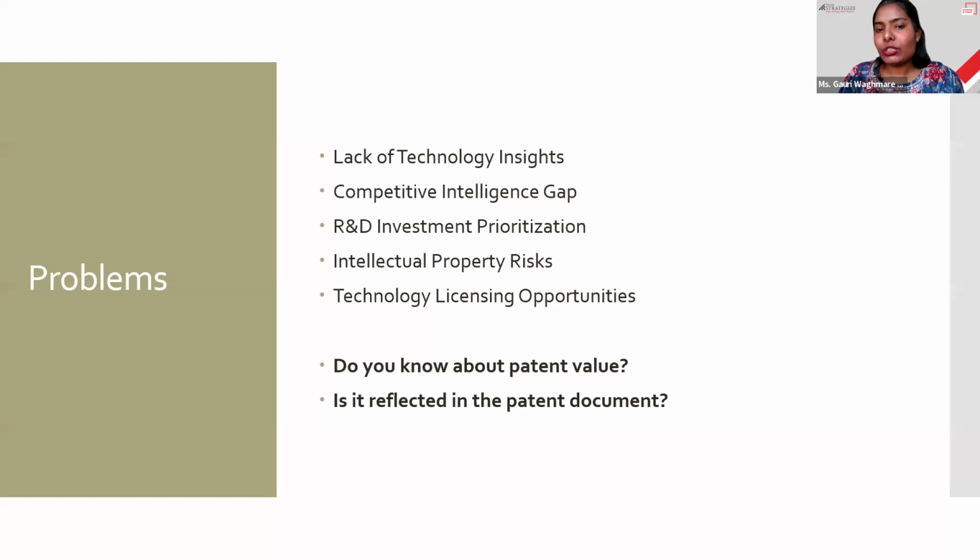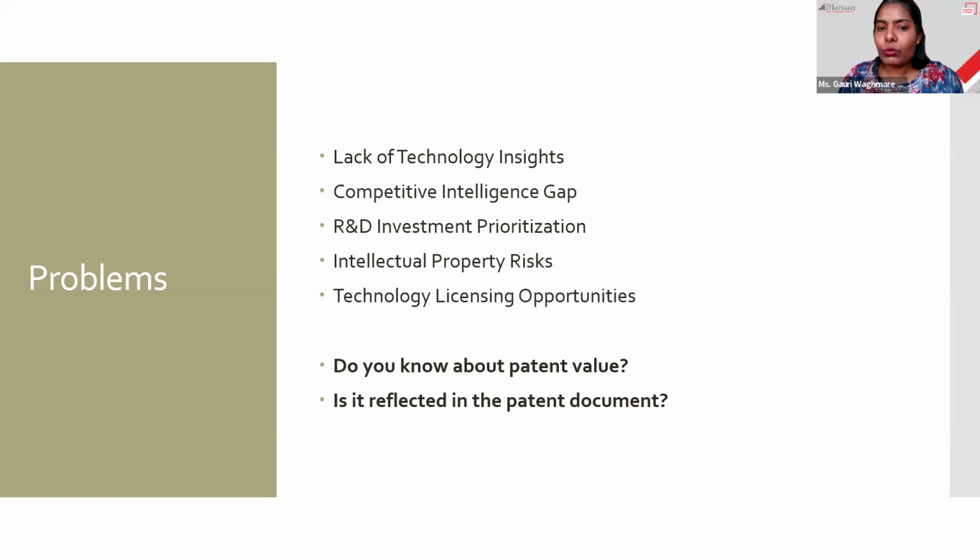Also, infringement risks are there. So there are different types of patent IP risks, and you need to cater to them before going into the market. For that, freedom to operate is the best option before launching your product into the market. In a specific territory, you need to find out the FTO for that specific territory. Another thing is if you want to sell or license your technology to any party, identifying that plays a very important role.